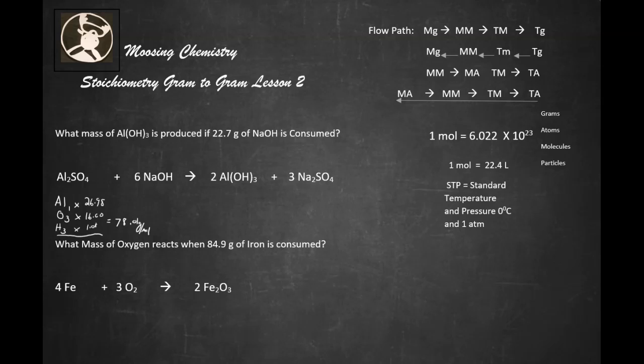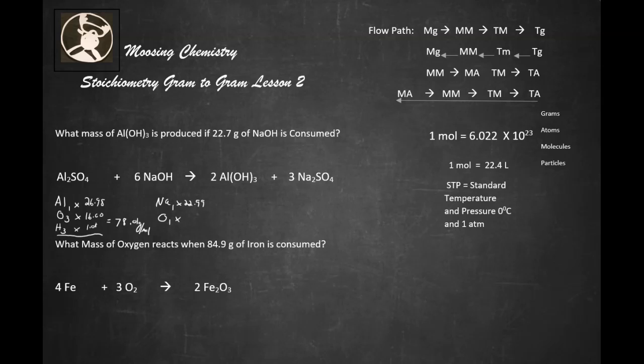Now let's do the problem. Oh, we also need one more thing. We need to know the molar mass of NaOH. So we have Na, one of those at 22.99.